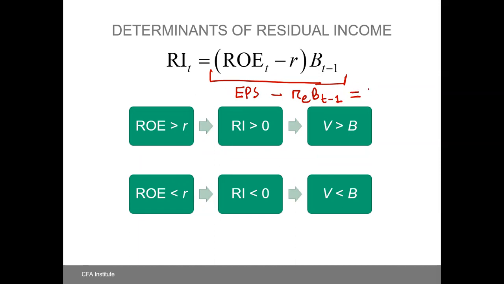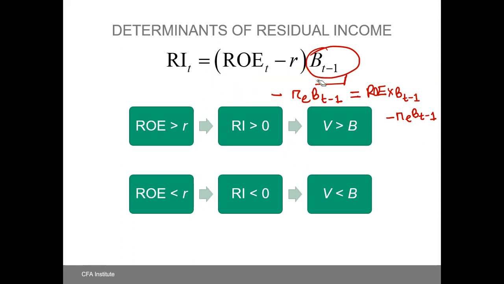EPS is the ROE multiplied by the book value of equity at the beginning of the period, minus the same thing, B_{t-1}. Now if you take B_{t-1}, the previous period, common, you have this within the parenthesis, right? From here, you can come up with some conclusions.